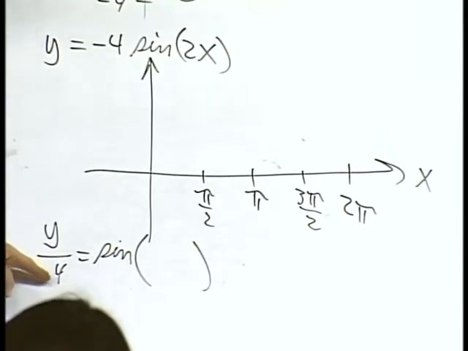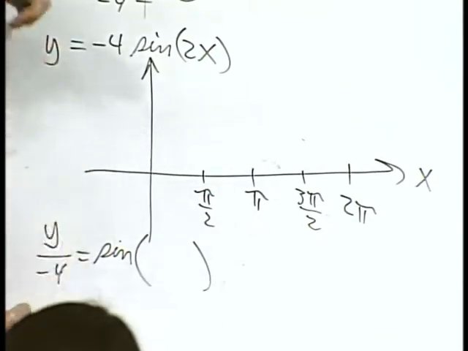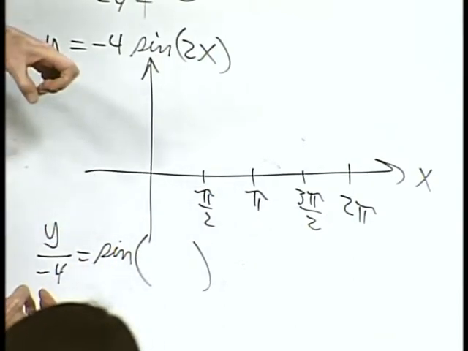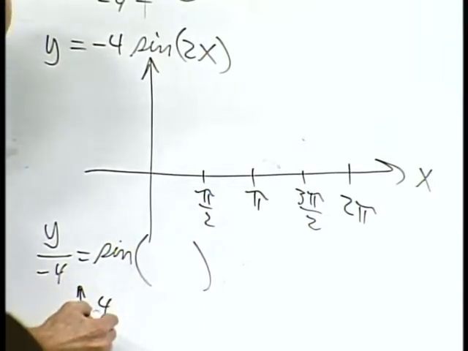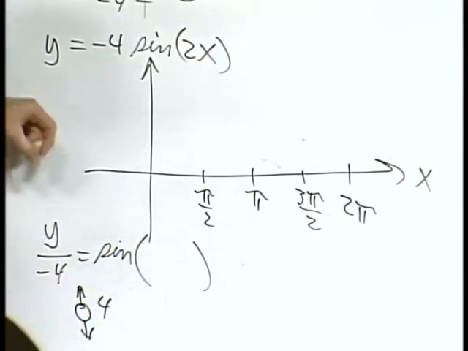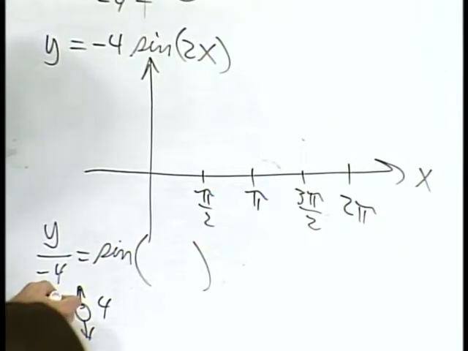Now you know what this minus 4 does, don't you? It makes it 4 times as tall, and it turns it upside down. So the little code I like to use, I've shown you this before, is I draw something like that. It means I'm vertically stretching it because of that 4, and I'm also at the same time turning the graph upside down.